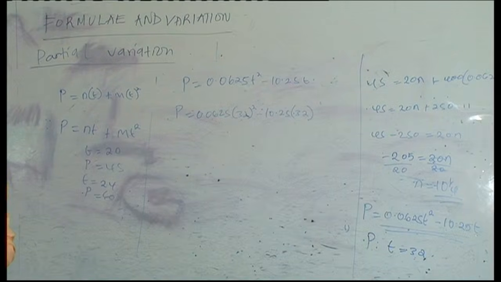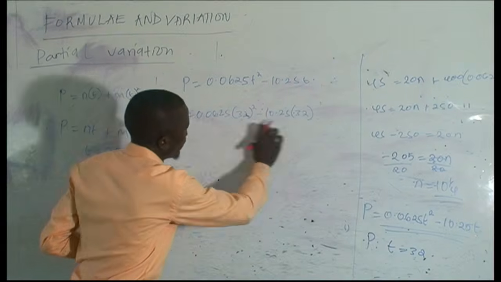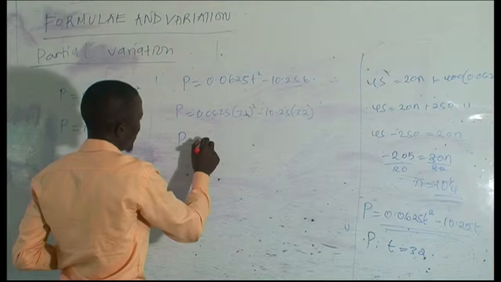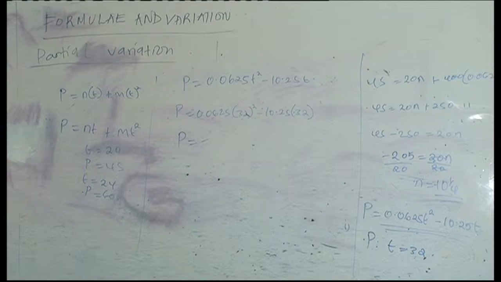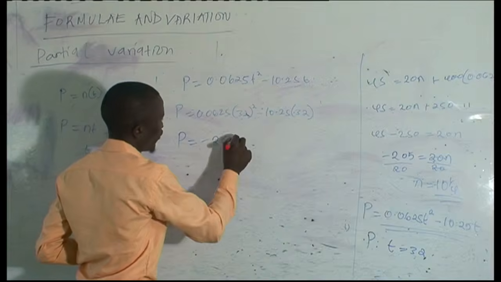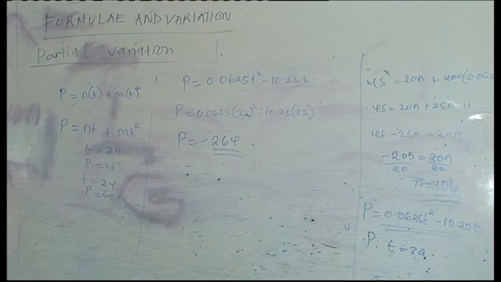Then what are you getting? When you calculate this out, P is equal to negative 264. That's now the value of P when t is equal to 32.